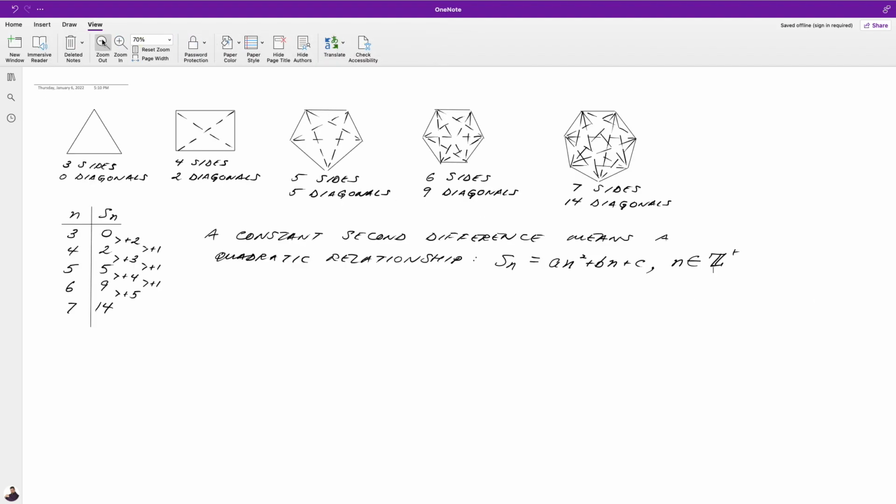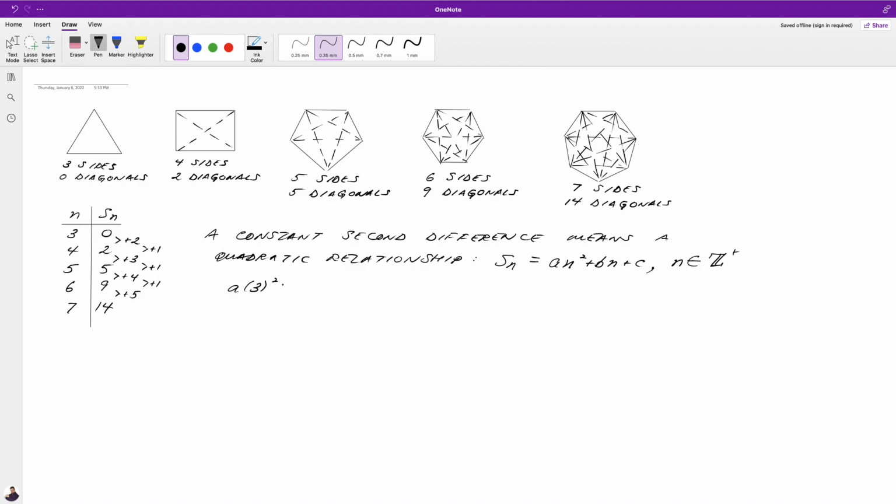Let's maybe zoom out one more step. Okay, so we have A, B, and C as unknown, so we're going to need 3 sets of data. If I plug in 3, I should get out 0. So A times 3 squared plus B times 3 plus C should equal 0. If I plug in 4, I should get out 2. So A times 4 squared plus B times 4 plus C is equal to 2.